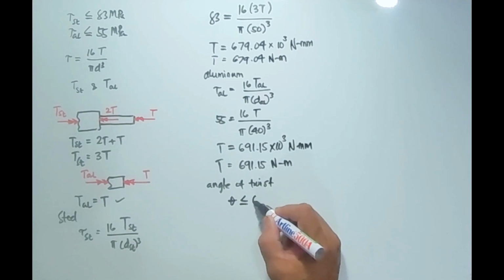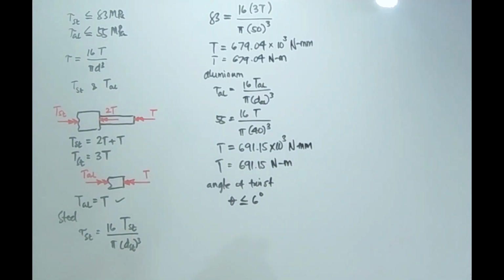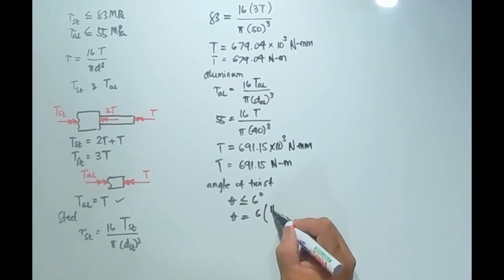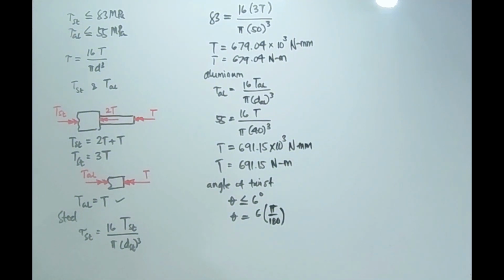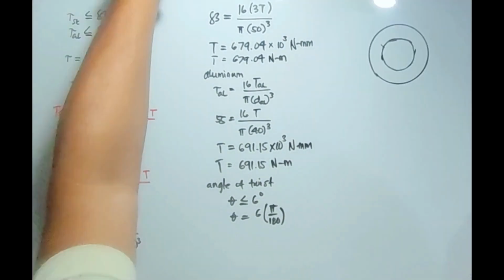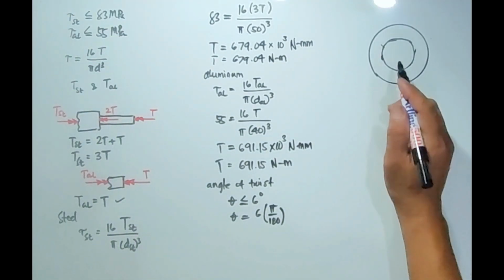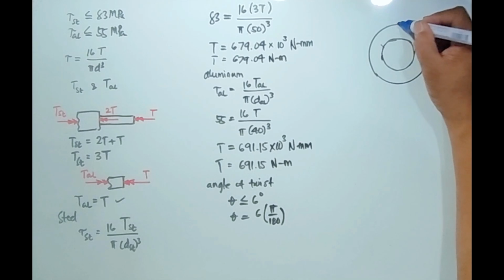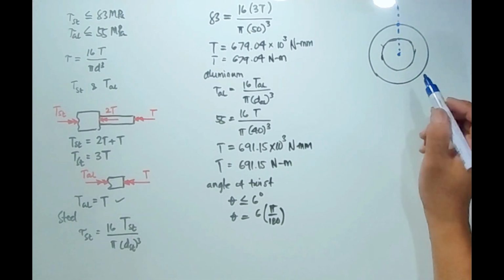Okay, and then the last condition is that the angle of twist at the free end, theta, is limited to 6 degrees, or that is 6 times pi over 180 radians. If we are going to visualize the angle of twist, let's say we look at the front of the shaft. Say for example, this is the front of the shaft, and let us consider a point here. So this is the center here.